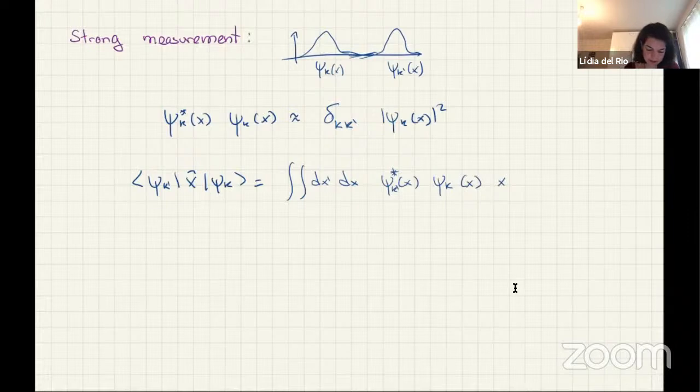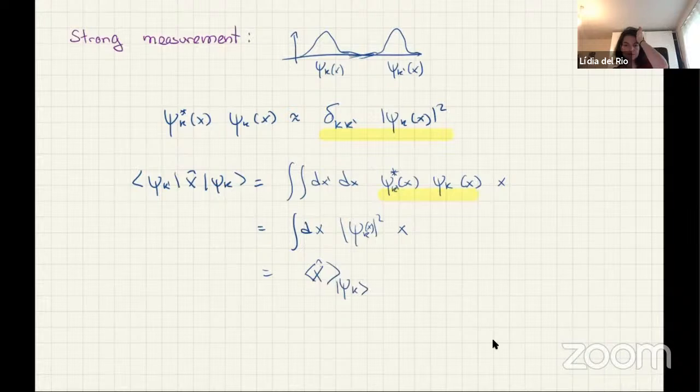But then we just replace it with this thing here. And we get just the x square of x, okay? And this is just, again, the average x for some state, for just one of the outcomes.